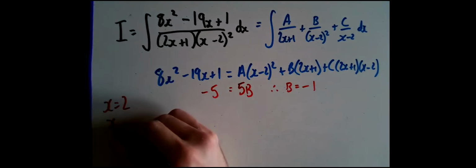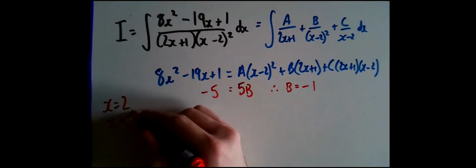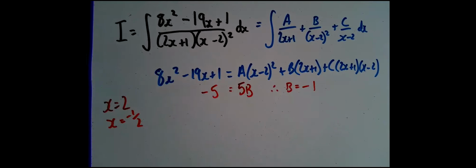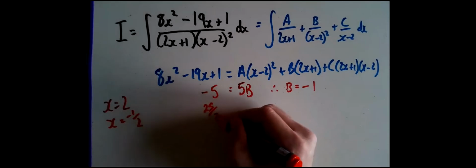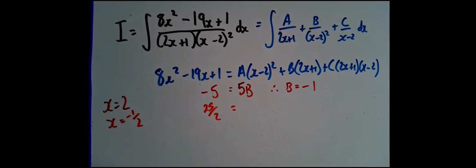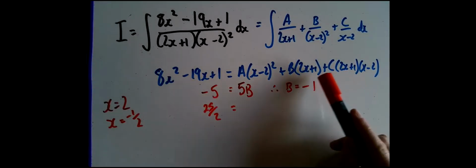My next magic number for this bracket would be minus a half. So 8 divided by 4 plus 19 divided by 2 plus 1 gives me 25 over 2 on this side, hopefully. On this side, this one and this one turn to 0, so I've just got a.